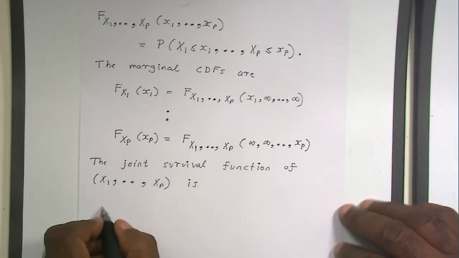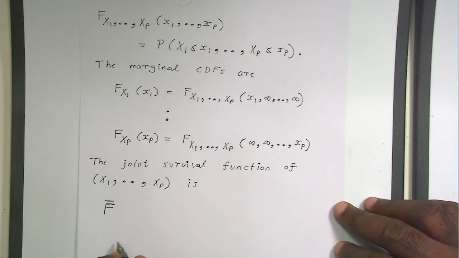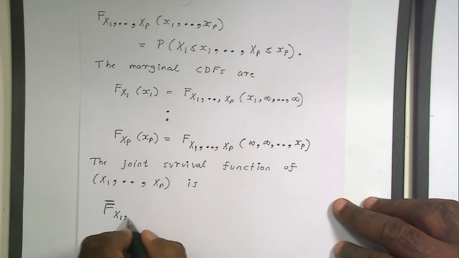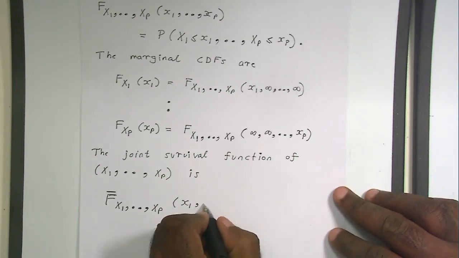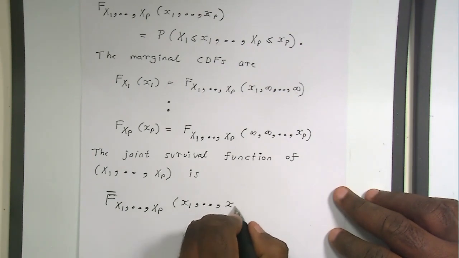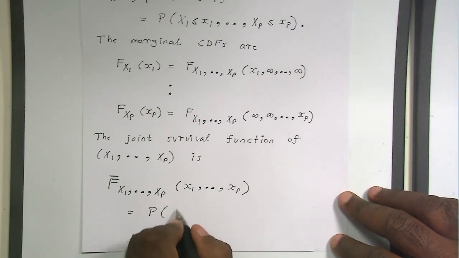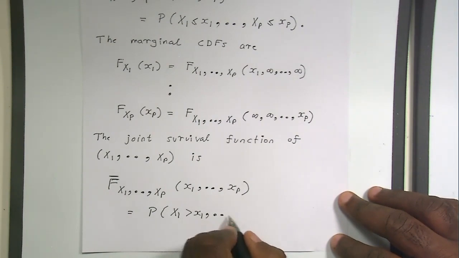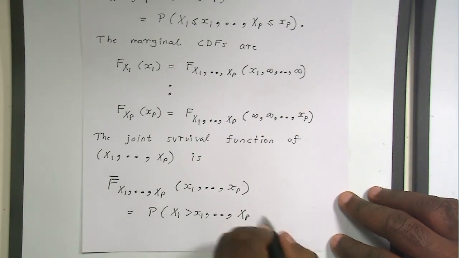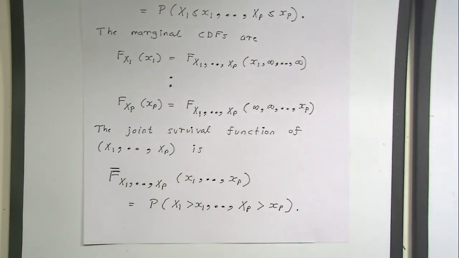It's defined as F bar, so you put a bar on top of F. That always means the joint survival of x1 to xp, and it is defined as this joint probability.